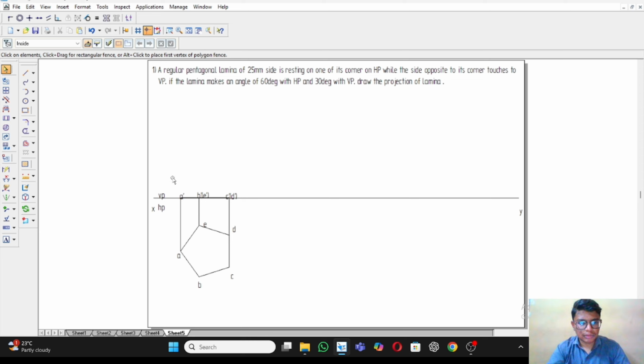We have to copy this, then move. For move, this copy should be on. We have to select a point, then move. Then we should take rotate. We should rotate these angles to 60 degrees.